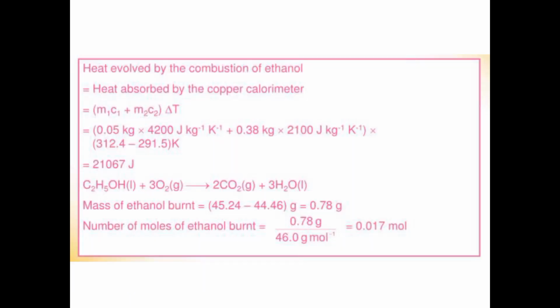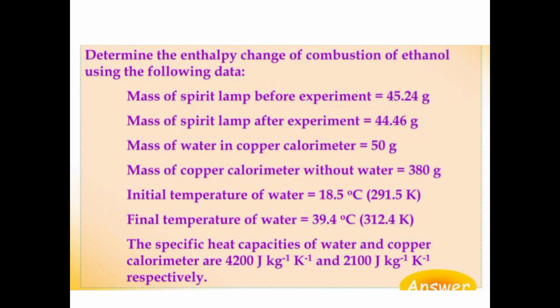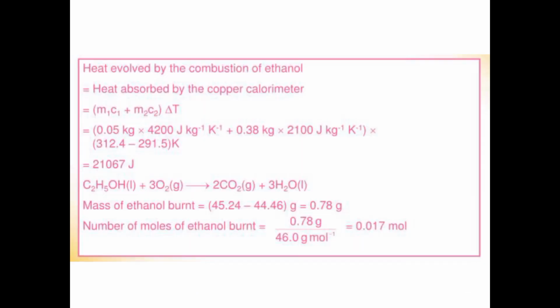Then you go back to the normal formula that we use, M1C1 plus M2C2, times the temperature change. From here you should be able to find your M1 given there. Check very well. You were given mass of water to be 50 gram. So you divide by 1000. That's 0.05 kilogram.